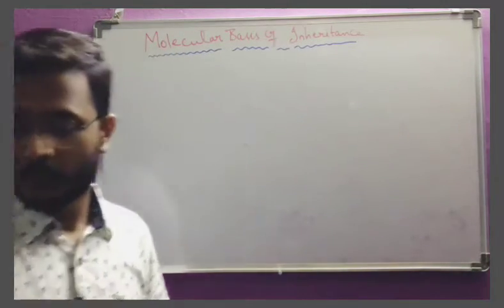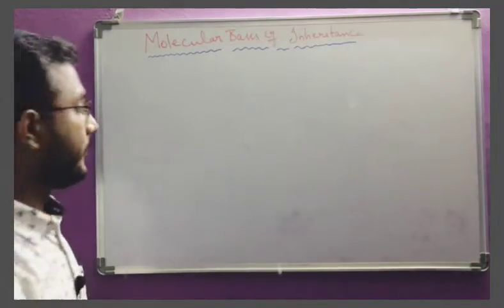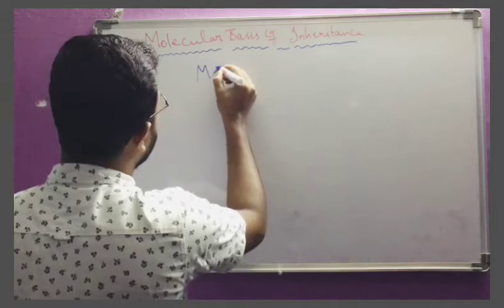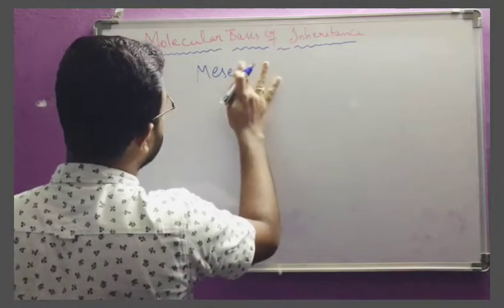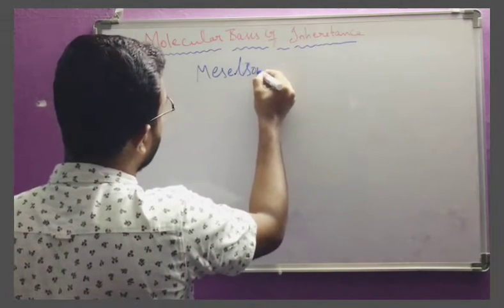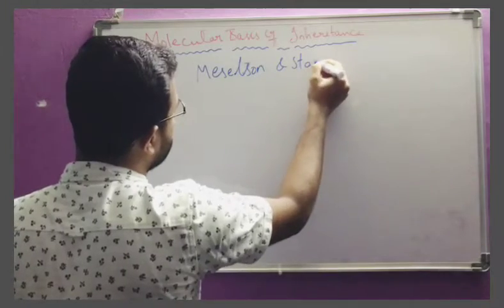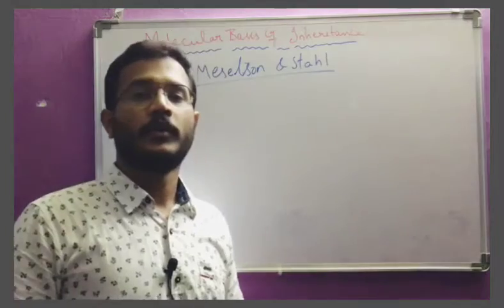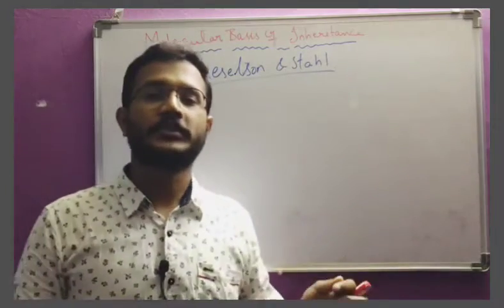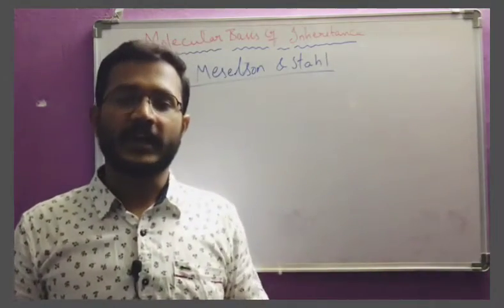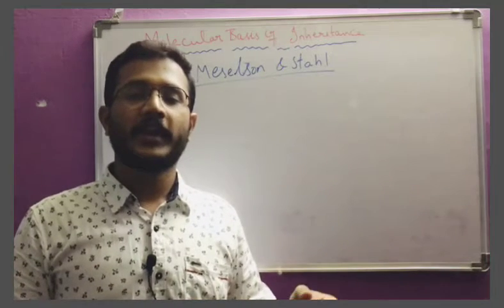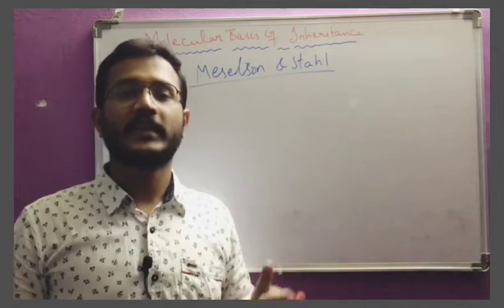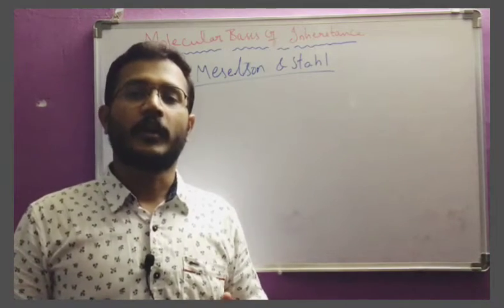To make the model more accepted, two scientists, Meselson and Stahl, conducted an experiment to prove that the model proposed by Watson and Crick was right, and that DNA is replicated only in a semi-conservative manner, not in a fully conservative or non-conservative one.